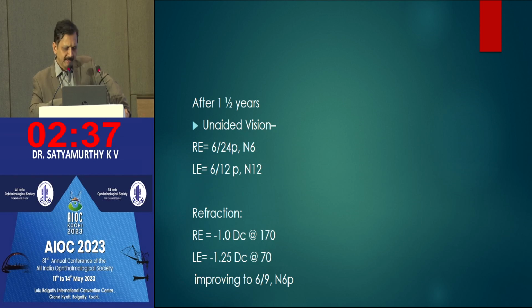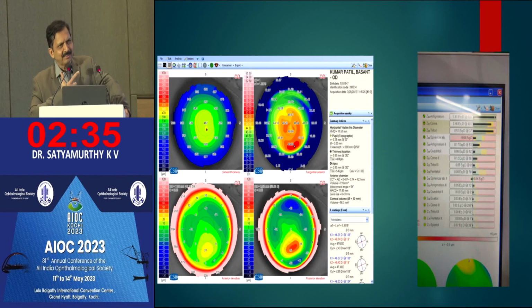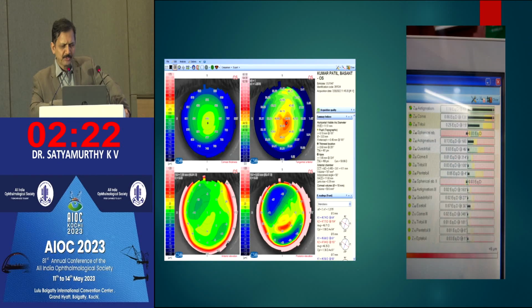So probably what was ignored was that after surgery topography was done, and this was the finding. It was a case of an aborted keratoconus. The patient didn't realize. Throughout he was wearing contact lenses, and he had reasonably good vision. It was bilateral.